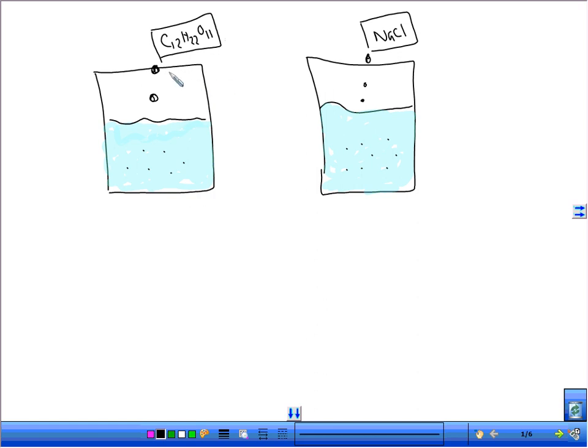So these are molecules, and if we looked in this little drop of sugar there might be like 1,000,000 molecules. And in this speck of salt, we'll say there's 1,000,000 of those. They're both dissolving, but they're not called molecules here, they're called formula units.